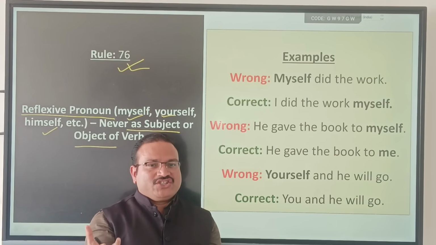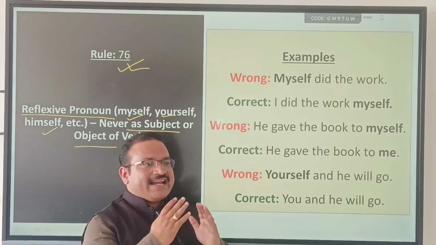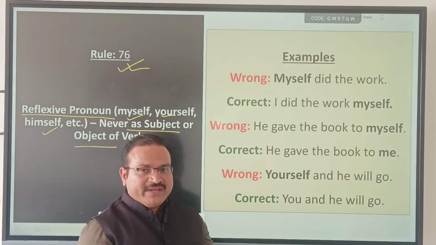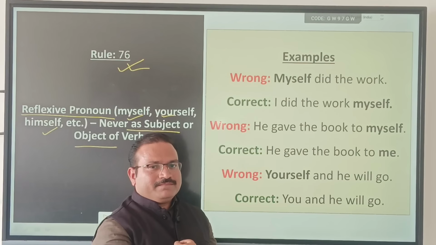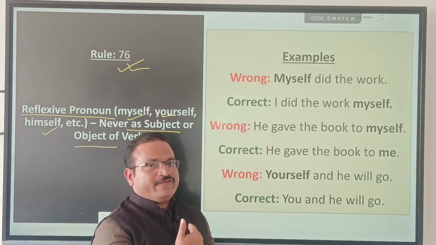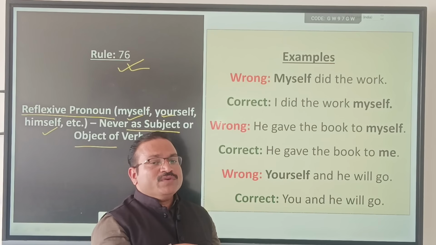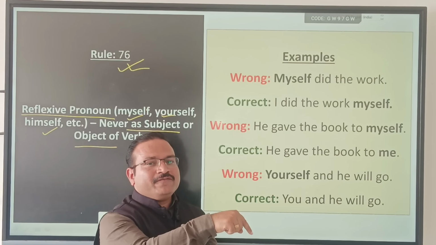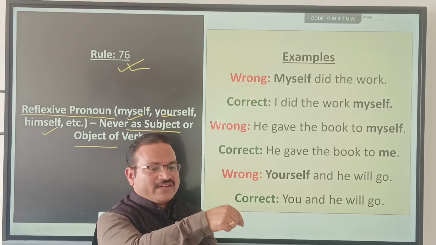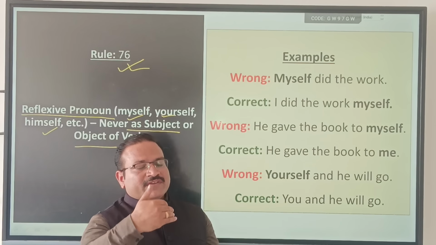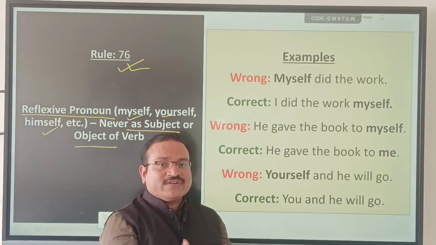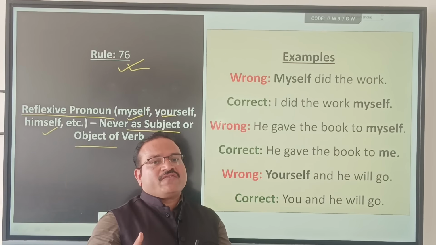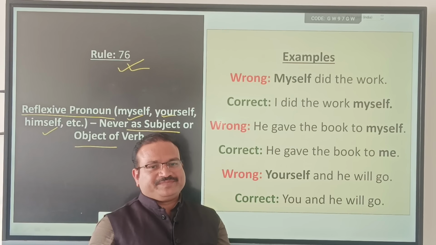Reflexive, reflection. Suppose I stand in front of the mirror. So reflection of self will come. So I, self, myself. If you stand in front of the mirror, so reflection of self, so yourself. He, himself. They, themselves. We, ourselves. So these are reflexive pronouns.